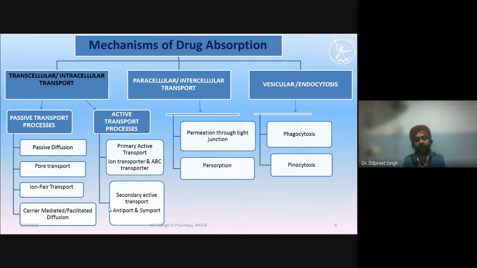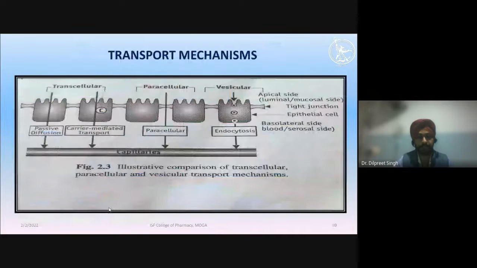Active transport is subdivided into primary active transport by ABC transporters, and symport or antiport systems, which are secondary active transport. Paracellular transport is divided into permeation through tight junctions or persorption. Vesicular transport is subdivided into phagocytosis and pinocytosis. These mechanisms will be studied in detail in this lecture.